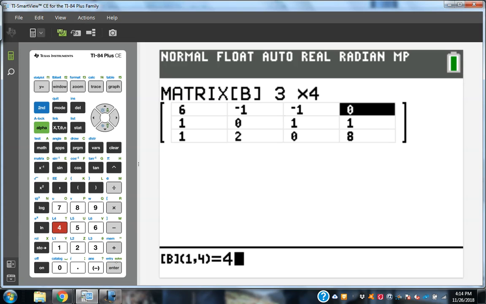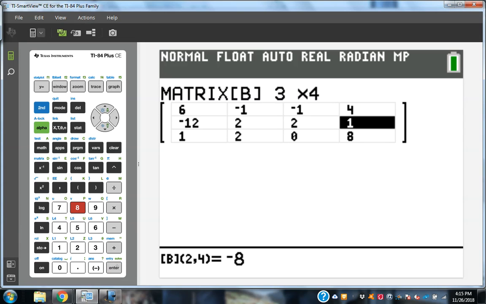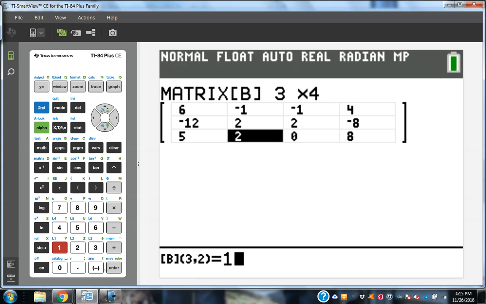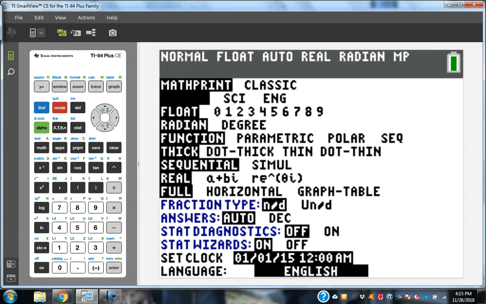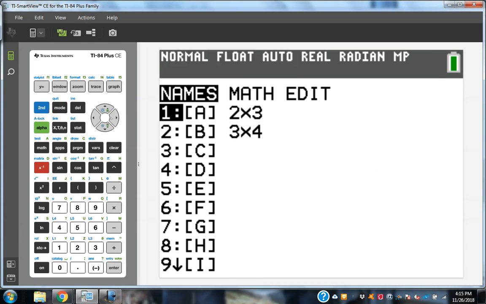Just got to make sure your signs are all right. 5, 1, -1, 3, and then do the RREF to that.